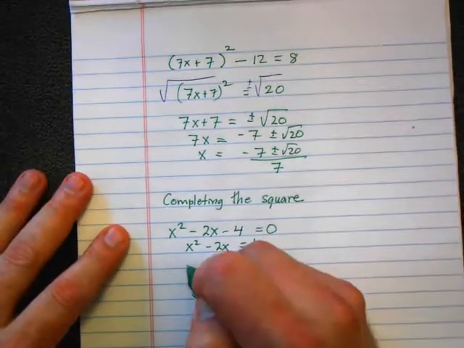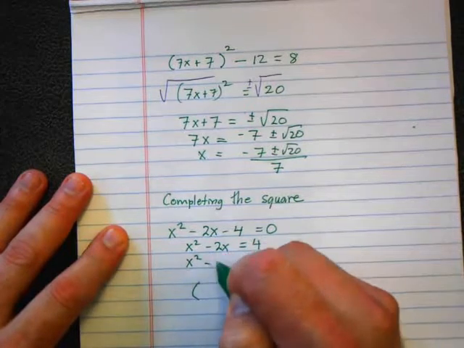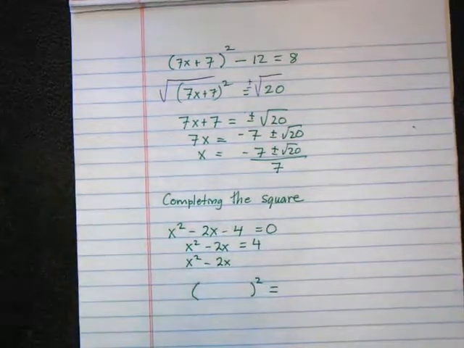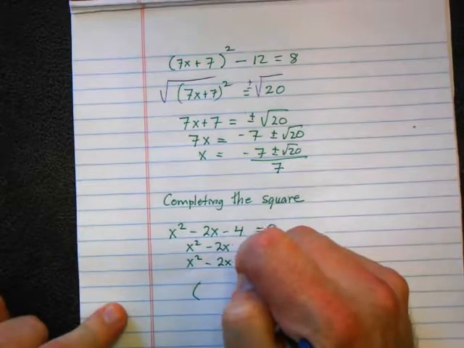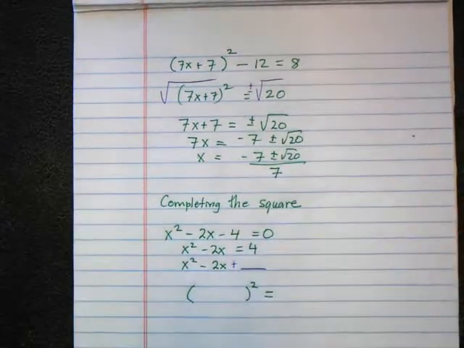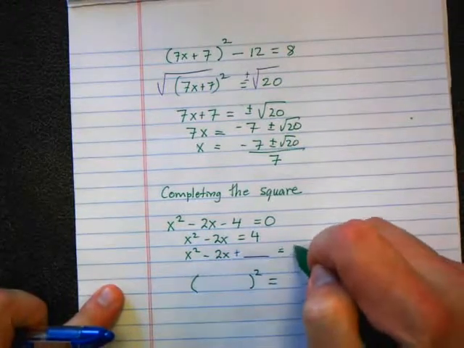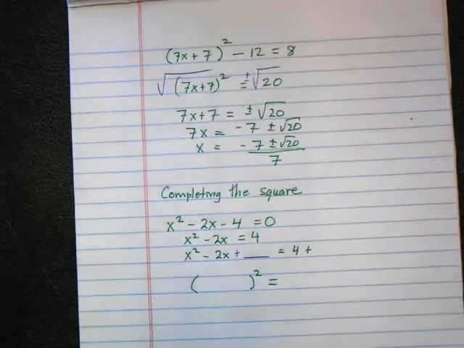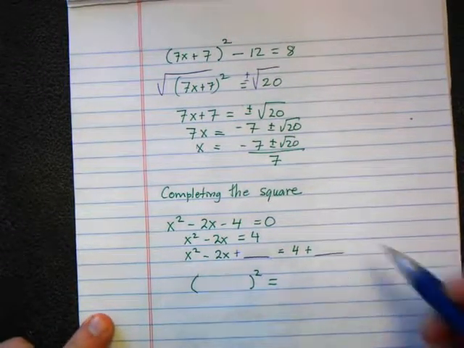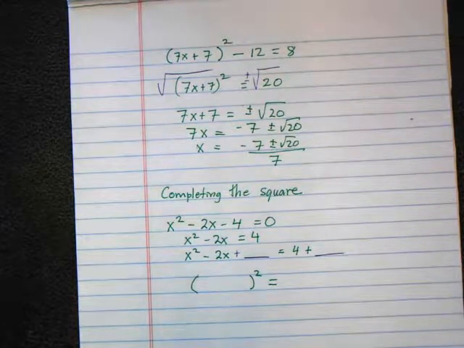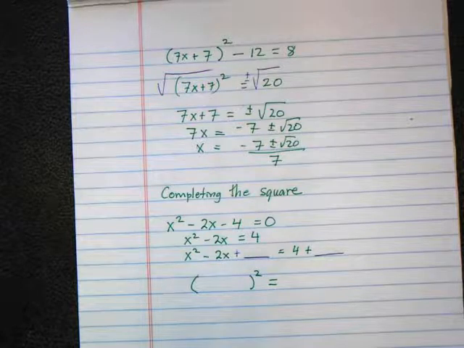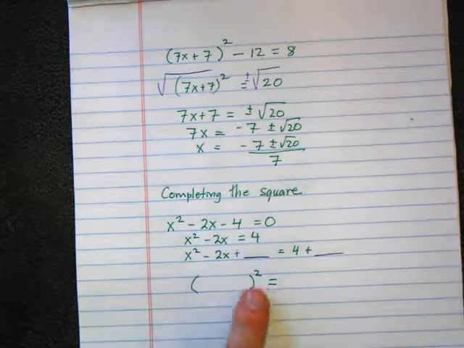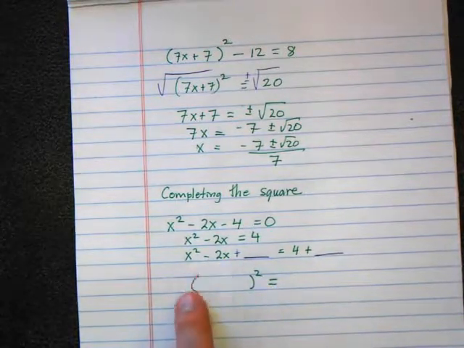Now we're going to write x squared minus 2x plus a special number equals 4 plus the special number. So we're going to add just the right number to both sides so that the left-hand side will factor with a square like this.